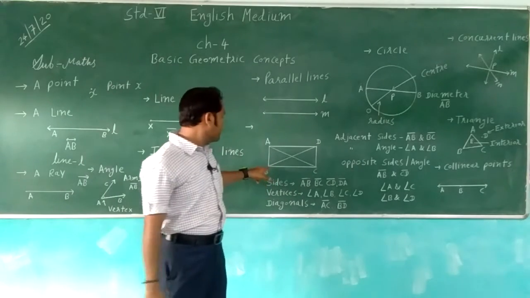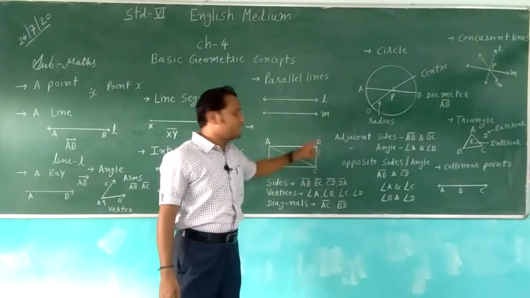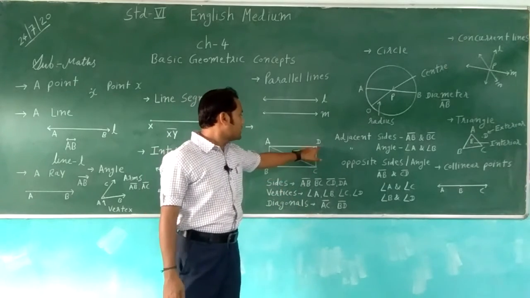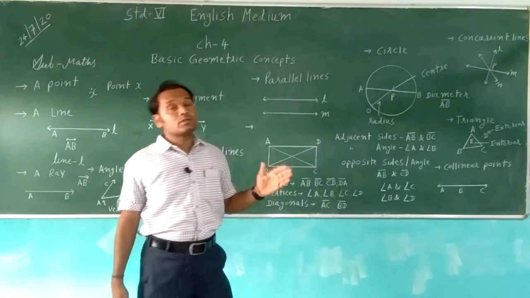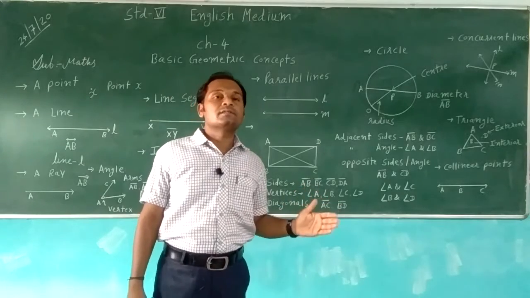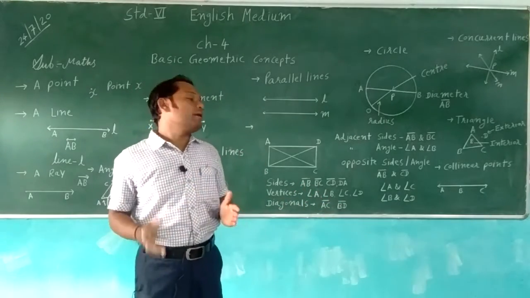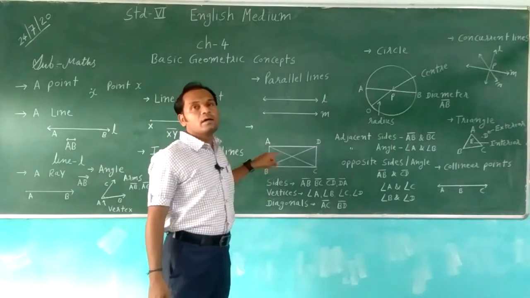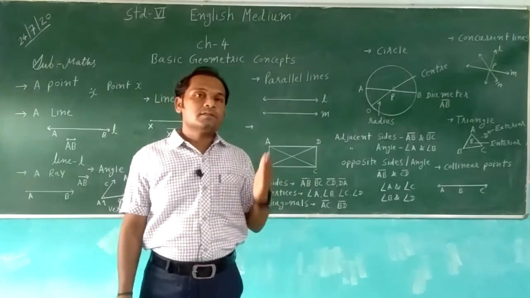In the same way, BC and CD are adjacent sides. CD and DA are called adjacent sides because they have a common endpoint. And line DA and line AB are called adjacent sides.